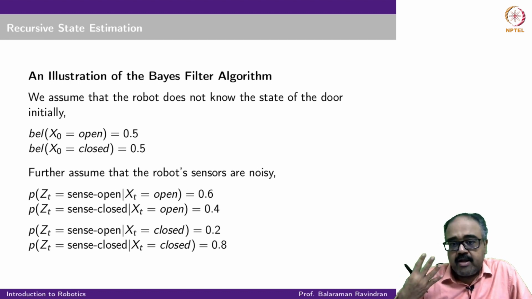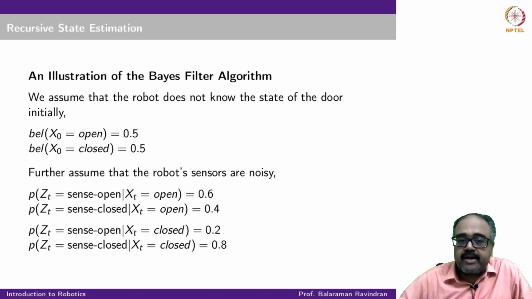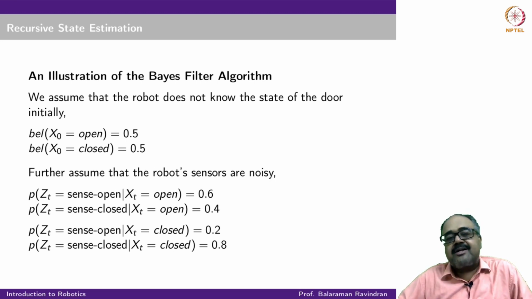Therefore, you have to specify 4 probabilities here. So when XT is open, probability of sensing it's open is 0.6. When XT is open, the probability that you're going to sense it's closed is 0.4. Likewise, closed sense open 0.2, closed sense closed 0.8. Great. So at least the sensors don't completely mislead you. The right sensory value has a higher probability.